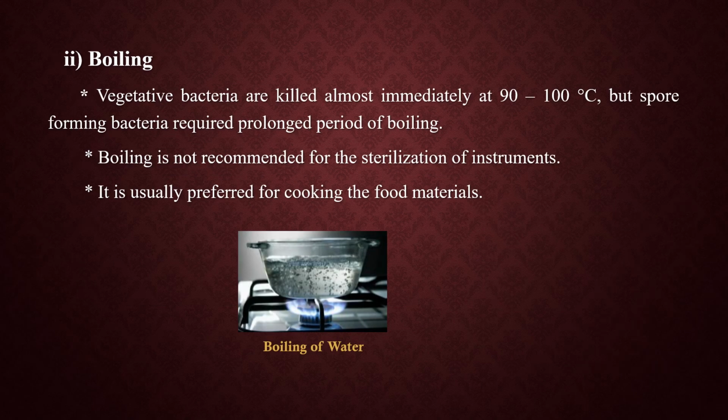In boiling, vegetative bacteria are killed almost immediately at 90 to 100 degrees Celsius, but the spore-forming bacteria require prolonged periods of boiling. Boiling is not recommended for the sterilization of instruments. It is usually preferred for cooking food materials.